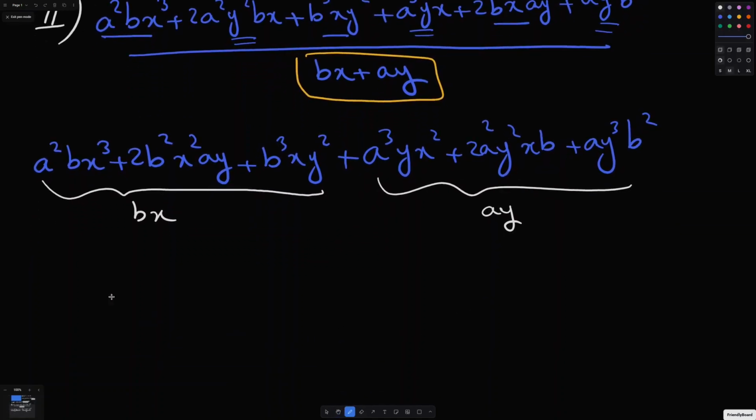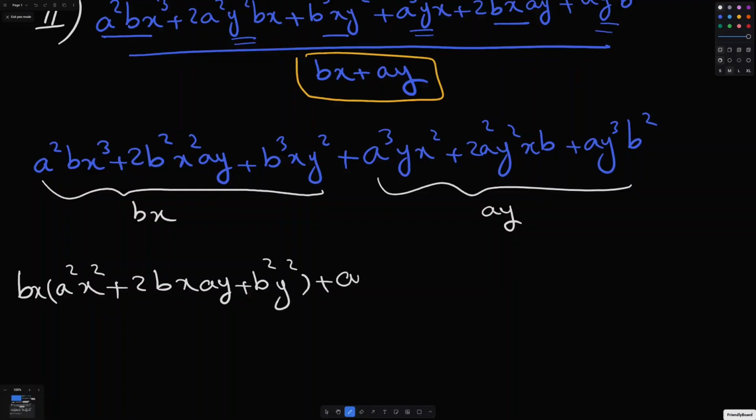Let's just write that and see what we get. If I factor out bx from here, I'm going to get r2 x2 plus, from here what do I have? I have 2, 1b gone, 1x gone, ry plus from here I'm going to get b2 y2. Okay, then here, if I factor out ry, and again remember we are factoring this because this is in the denominator, so we want to just cancel them out.